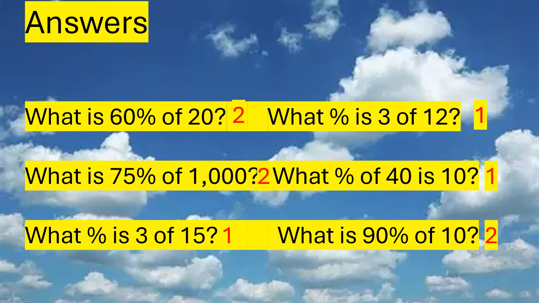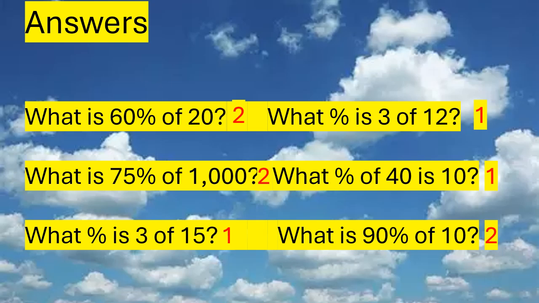So the first one, what is 60% of 20? That was a type 2. So the answer will be a number. Second one, what percent is 3 of 12? So that's the type 1. The answer is going to be a percent. What is 75% of 1,000? That is type 2.